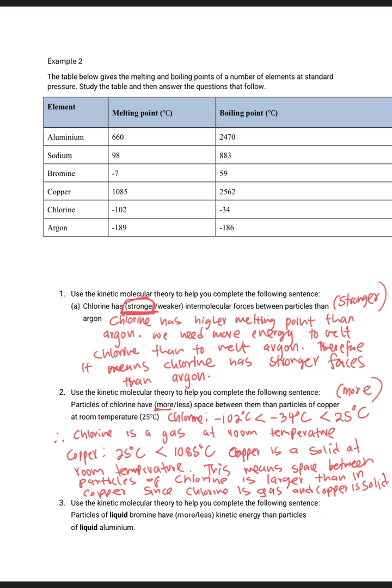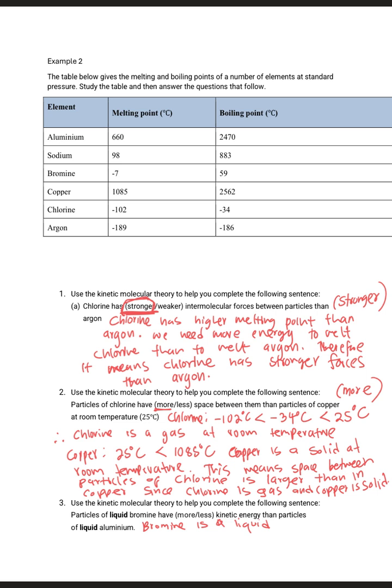If we look at the table that we are given right there, bromine is in the liquid state when it's between -7 degrees Celsius and 59 degrees Celsius. So bromine exists as a liquid, right?